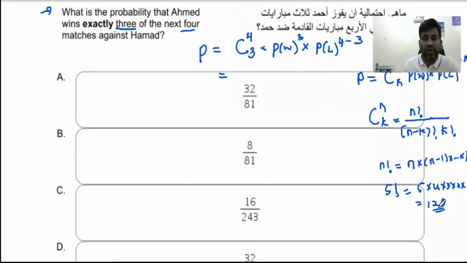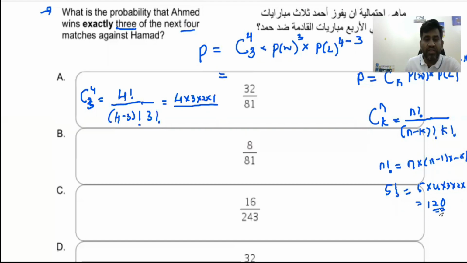What is the value we are getting for 4C3? The value of 4C3 is 4 factorial over 4 minus 3 factorial times 3 factorial. 4 factorial can be written as 4 times 3 times 2 times 1, and 4 minus 3 is 1, and 1 factorial is 1 itself, times 3 factorial, which is 3 times 2 times 1.